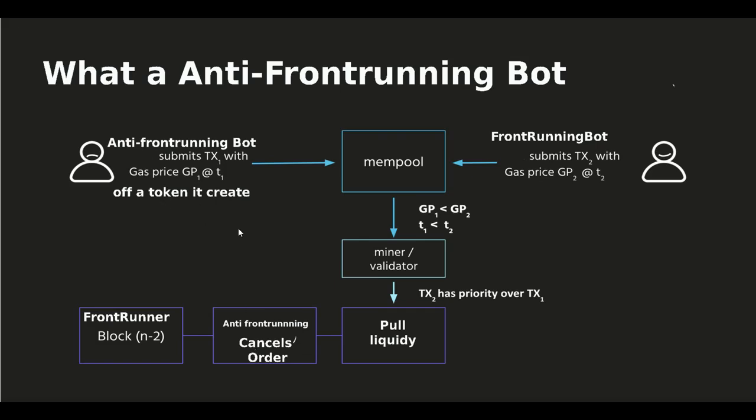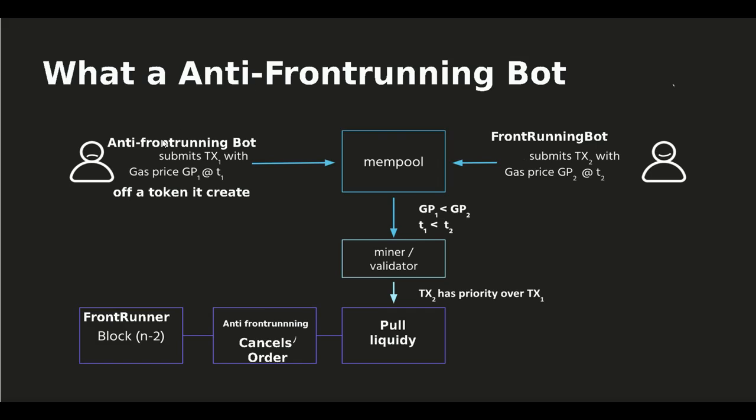It cancelled it before the block went through. And then it pulls the liquidity out of the token it just supplied liquidity to. So the front-runner bot can no longer go back and get its ether back. So you eliminated the front-runner bot by taking its ether away from trying to steal someone else's and jack up the price on someone else's.